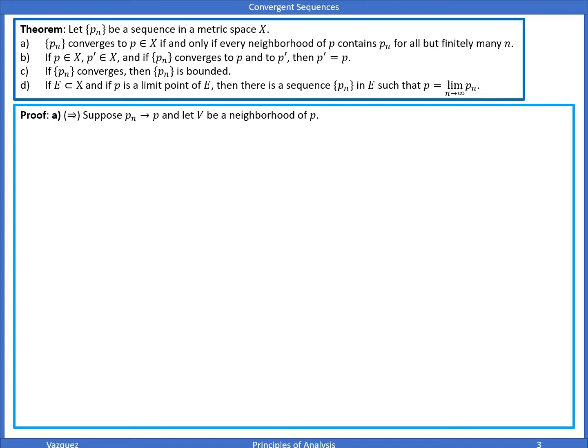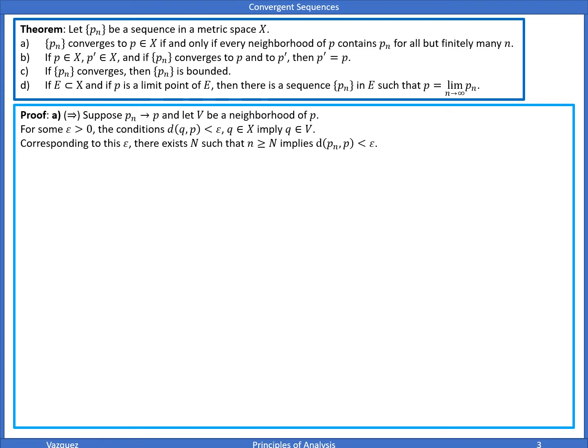So first, suppose P sub n converges to P and let V be a neighborhood of P. Well, for some epsilon greater than 0, the condition that the distance between Q and P is less than epsilon, where Q is in X, implies that Q is in V. Right, because it's in that neighborhood.